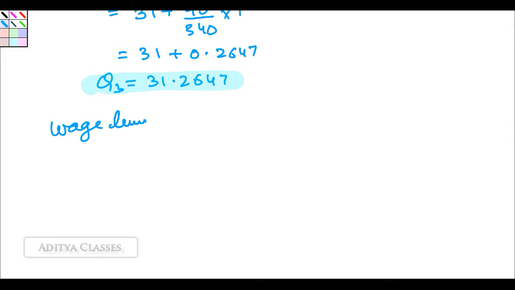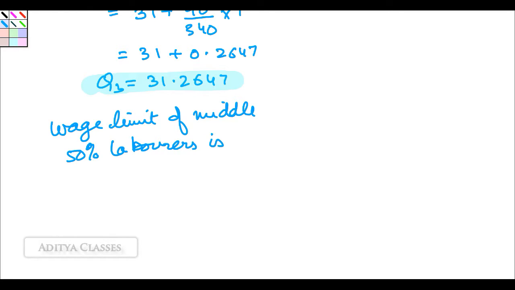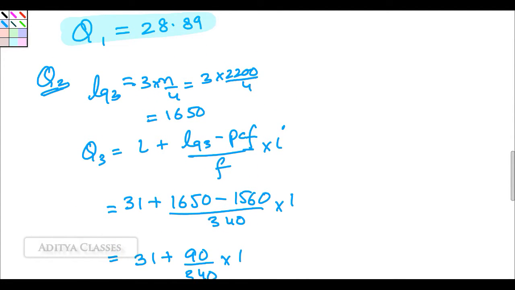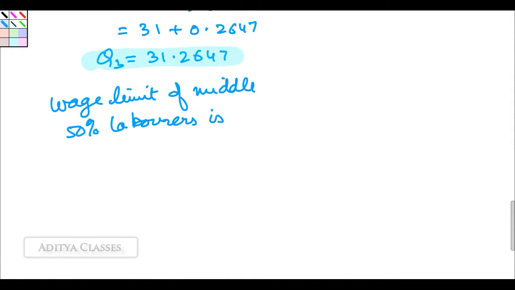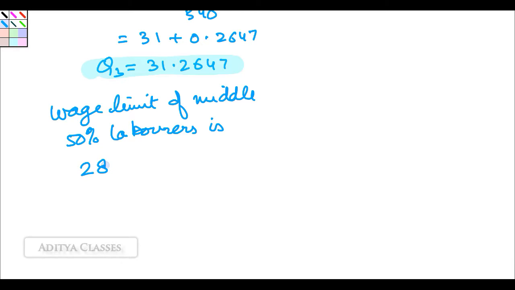Wage limit of middle 50% laborers is 28.89 to 31.26.